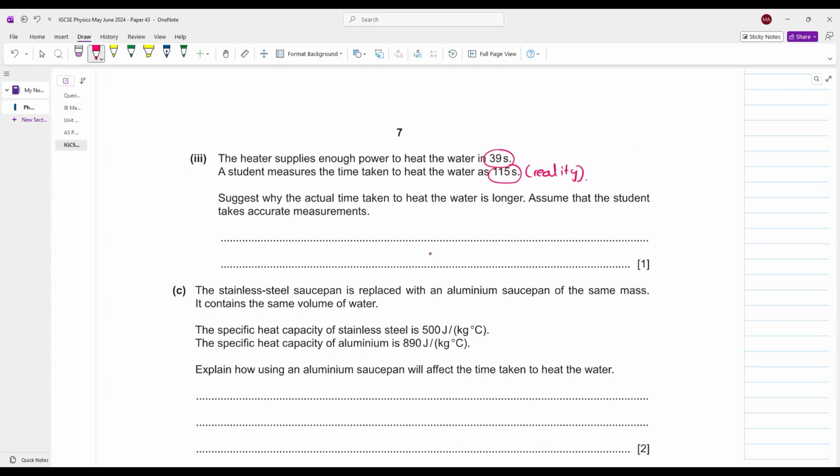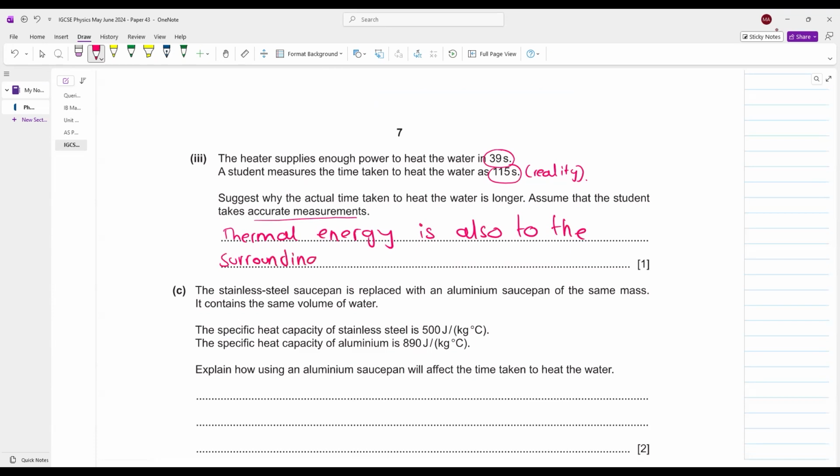Suggest why the actual time taken to heat the water is longer. Assume that the student takes accurate measurements. Whenever you are doing a heating experiment, some heat is lost to the surroundings. You will say thermal energy is lost to the surroundings as well.